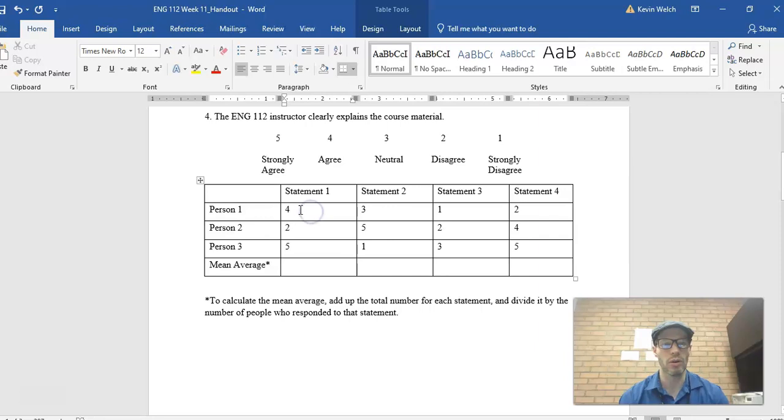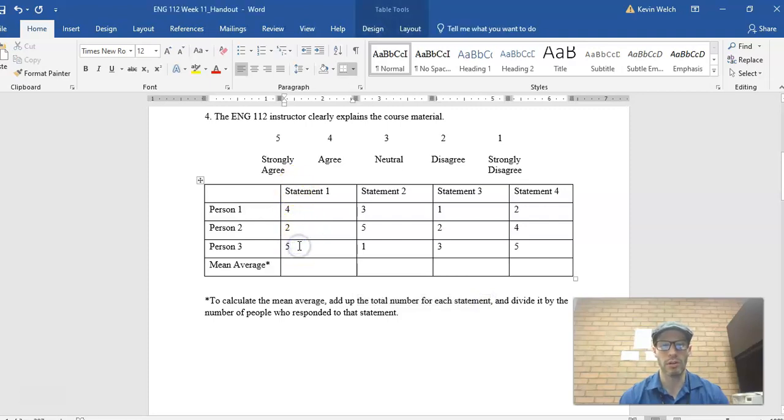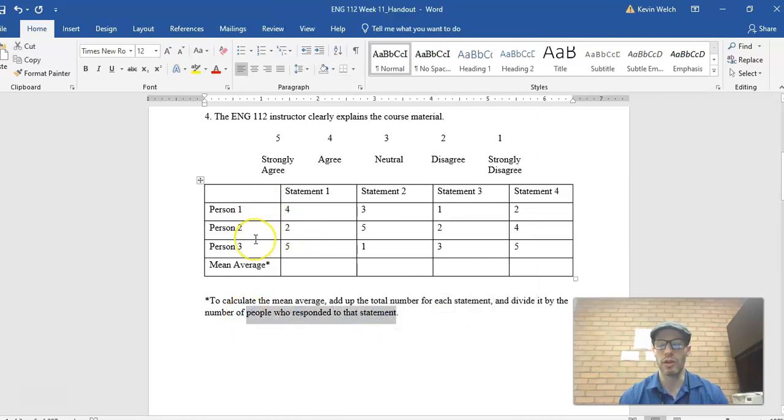Okay. So for statement 1, 4 plus 2 is 6, right? Plus 5 is 11. So that's the total number for that statement. It overall has a rating of 11, but I need to divide 11 by the number of people who responded to that statement. 3 of them.